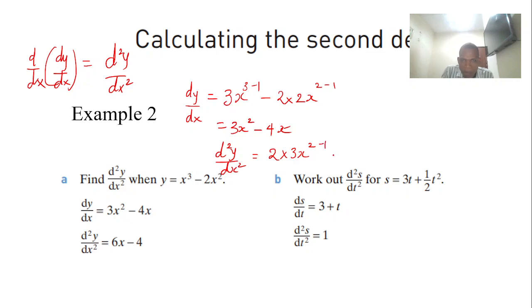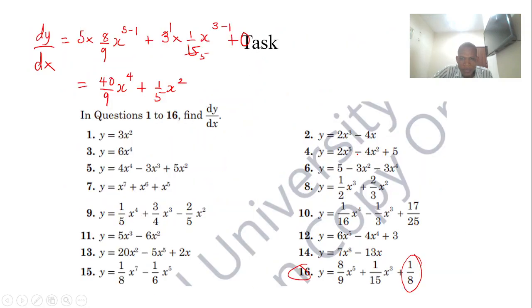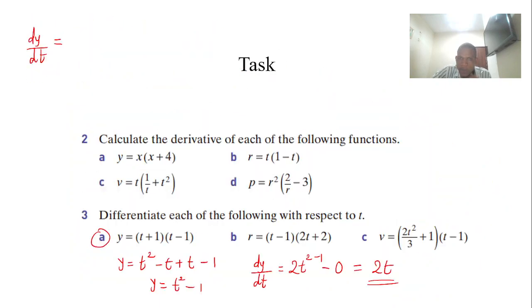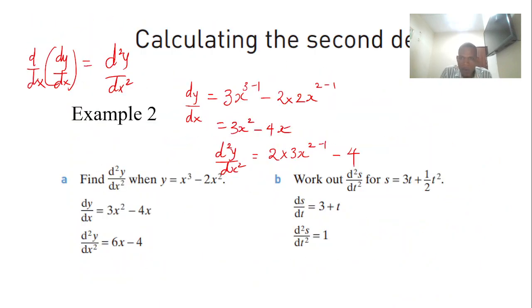Then minus, don't forget, if I differentiate 4x, I'm going to get 4, according to this third law: differentiate ax, you get a. So differentiate 4x, you get 4. Now the final answer is going to be 6x minus 4. That's it.